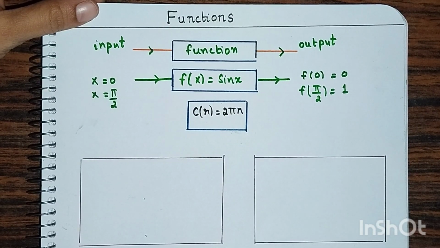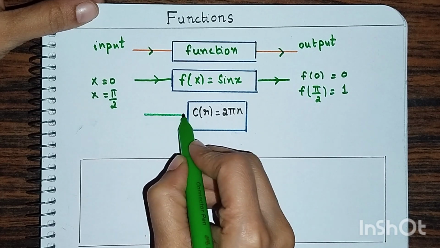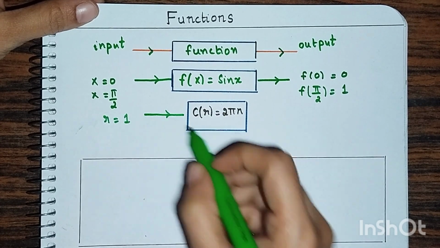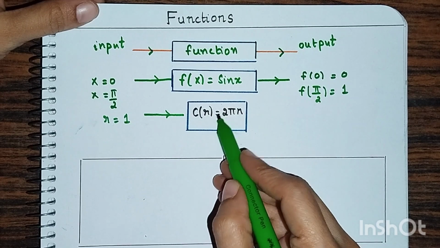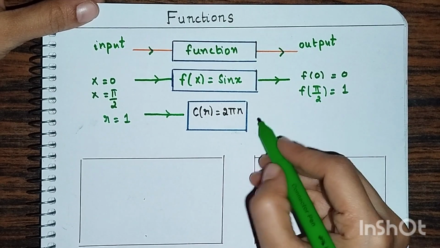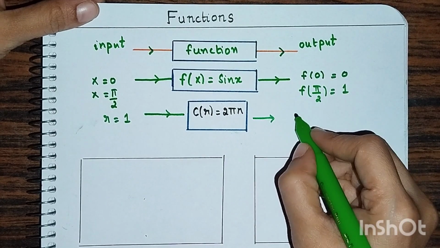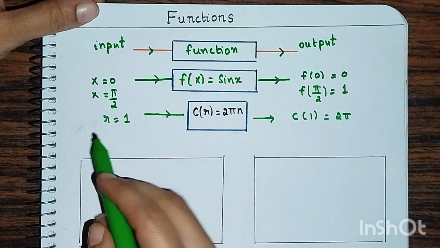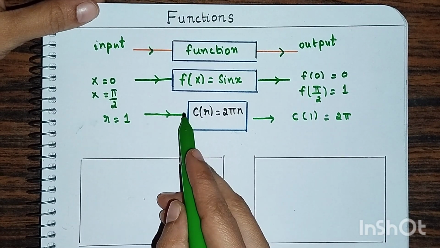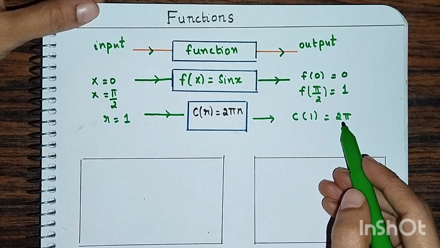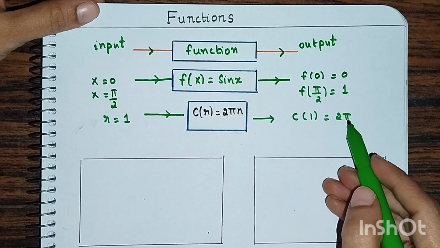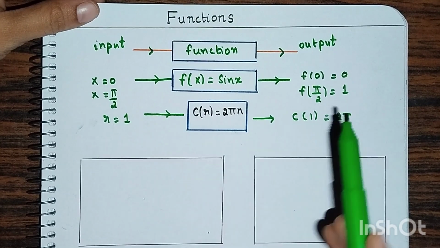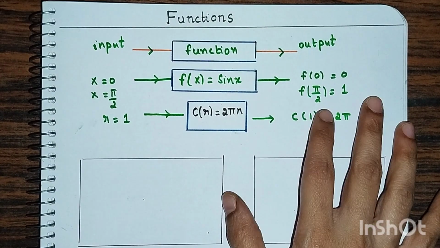Now if I send the input radius equal to 1, so c of 1 is equal to 2 pi into 1, and the output will be c of 1 equal to 2 pi. So for this radius of 1 unit, the circumference will be 2 pi units. Right? You cannot have 2 pi, 4 pi, 5 pi at the same time. So for this input, a unique output exists.